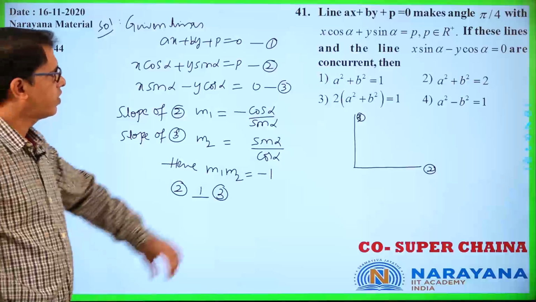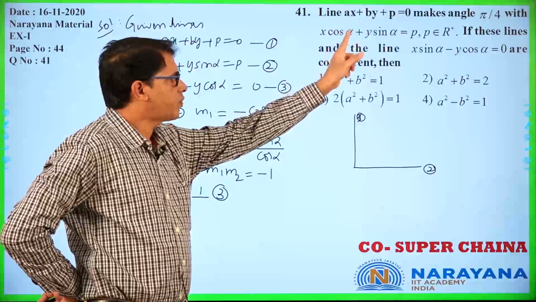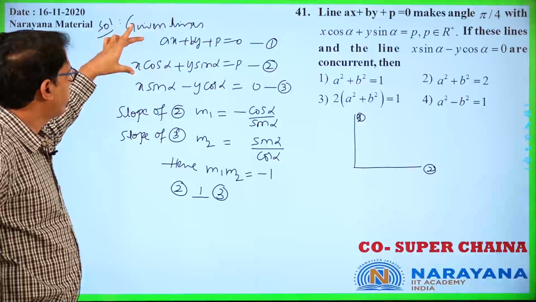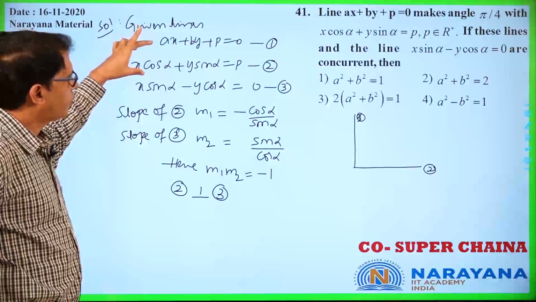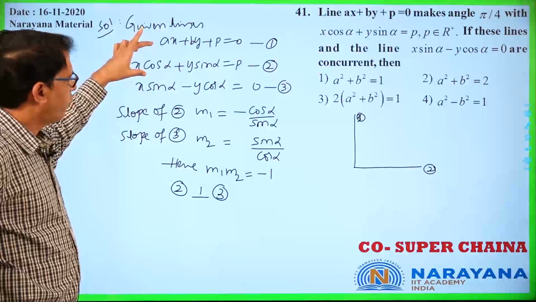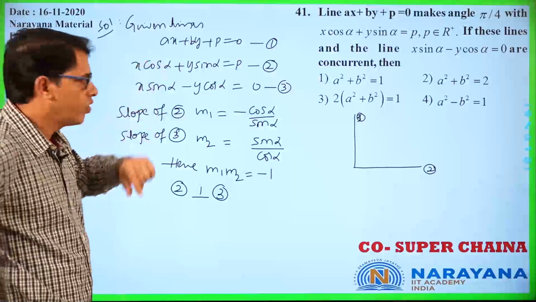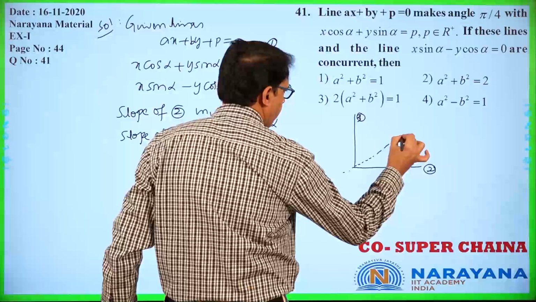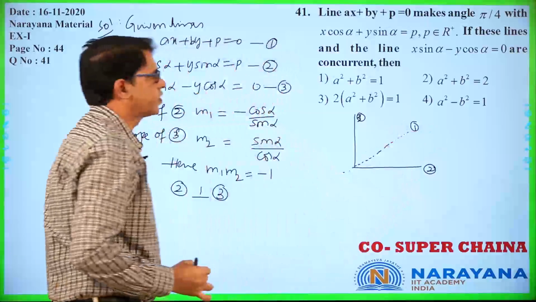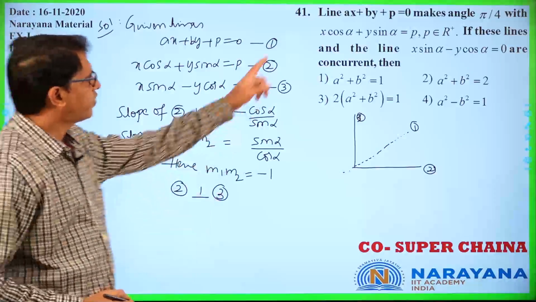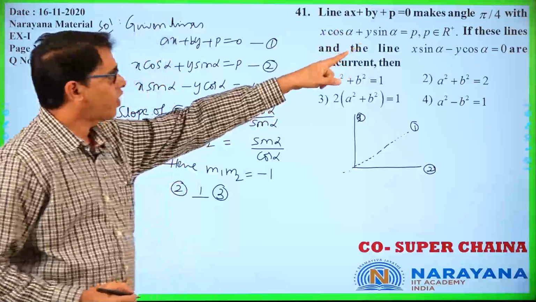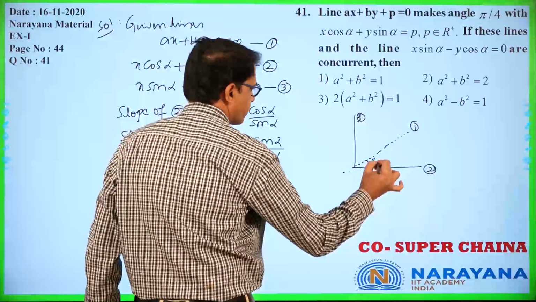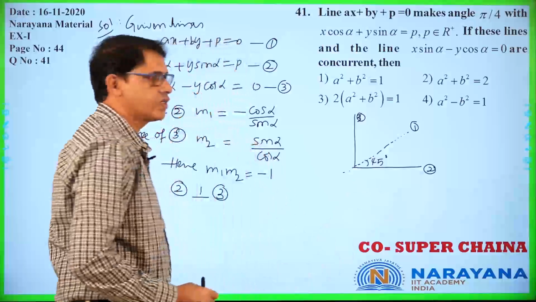What is given? Angle between ax plus by plus p, equation 1, and equation 2, means angle between 1 and 2, is how much? Pi by 4. So the angle between this line and this line is pi by 4, so this one is 45 degrees.